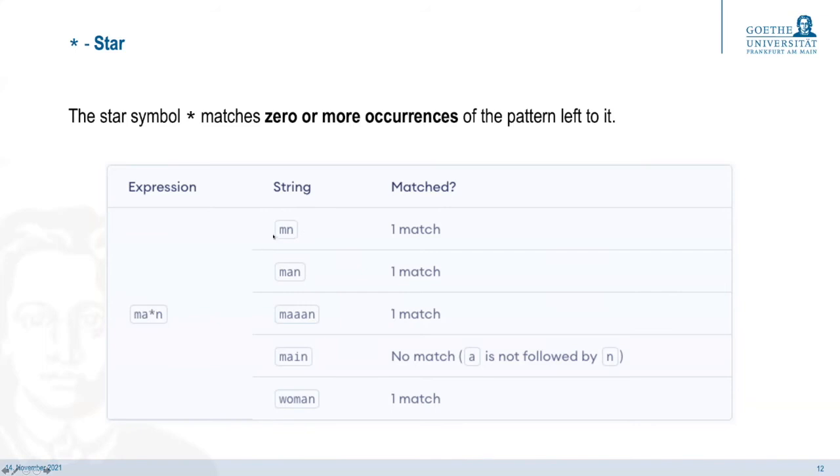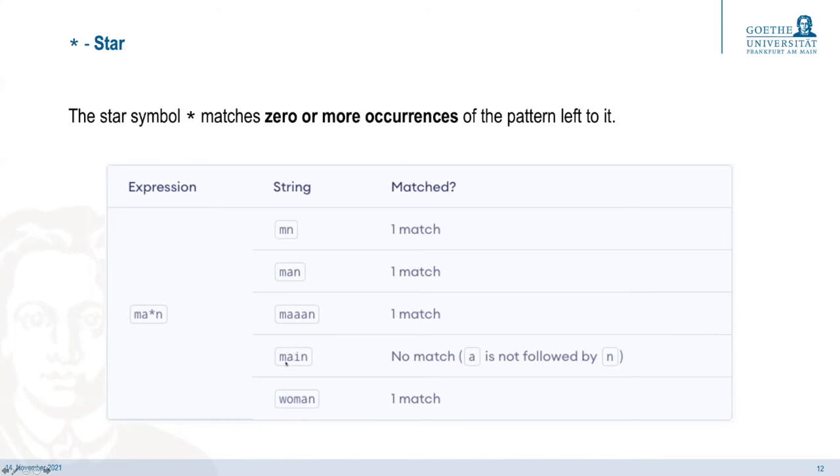In the first example, we have a match because there is no occurrence of the pattern, that means 0. In the second, we have an appearance of that pattern, so we have one match. We have also here MA, and despite the additional A, we have a match.